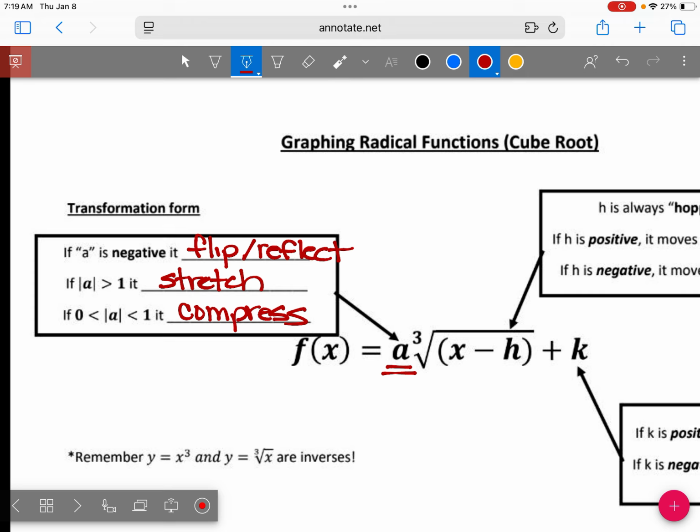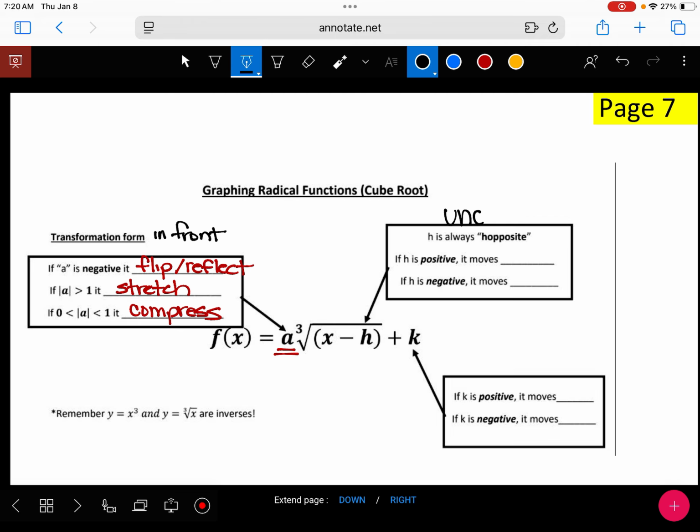Now remember, a is always going to be in front. So a is in front. Okay, and then we have our h. H is under, and it's also opposite.